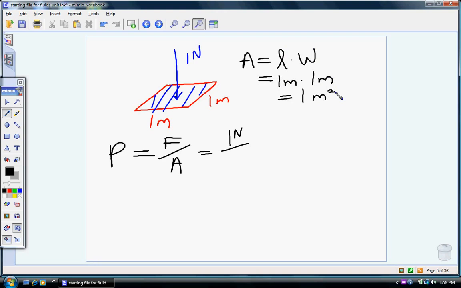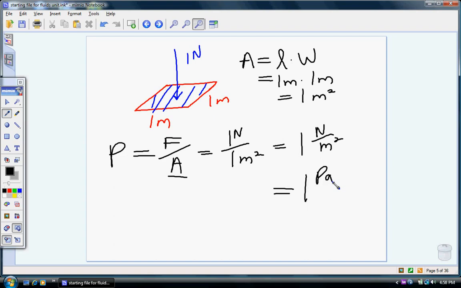Back to our pressure calculation, 1 Newton divided by 1 meter squared gives us 1 Newton per meter squared, which equals 1 Pascal. So a Pascal is equivalent to 1 Newton of force distributed evenly over 1 meter squared.